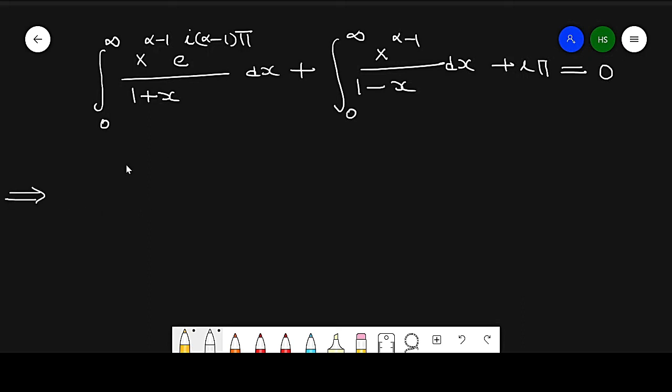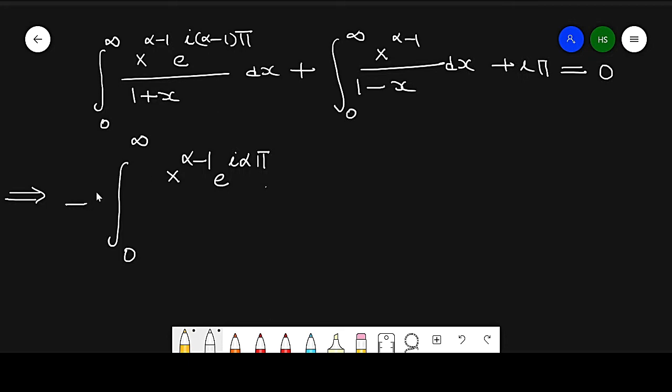Multiplying, this is x raised to power alpha minus 1 e raised to power iota alpha pi into e raised to power minus iota pi.